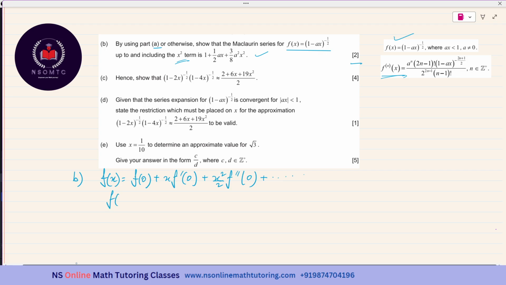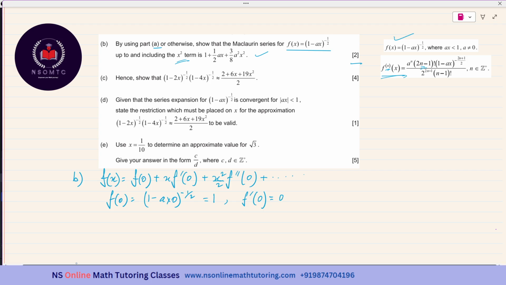So f0 is equal to 1 minus a times 0 raised to the power of negative half. A times 0 is 0 and 1 raised to any power is 1. Okay. So f dash 0 is equal to, now I will be substituting 1 in place of n, because this is 1. And of course 0 in place of x.